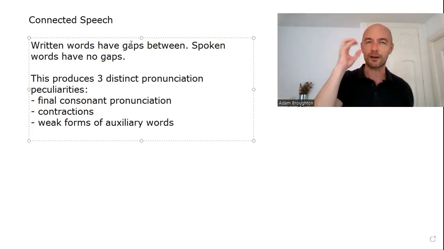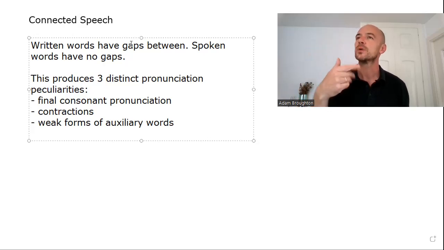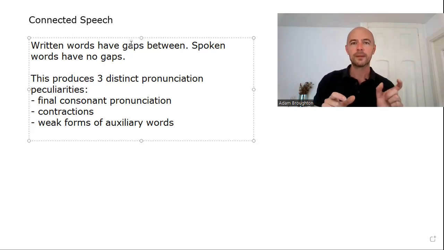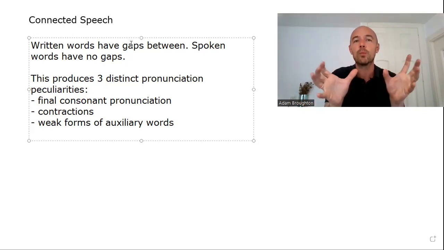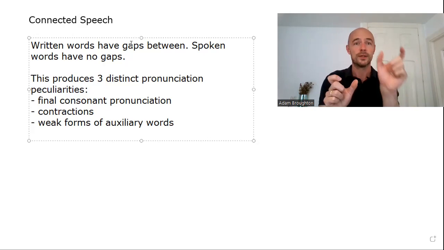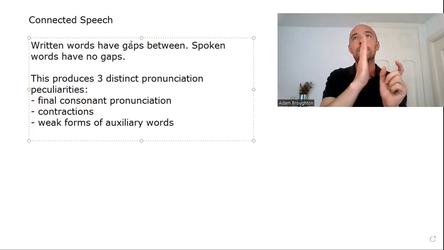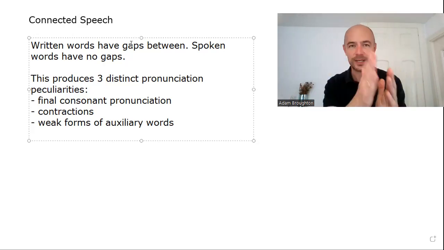I remember this perfectly, and I remember the visual image that I have in my head, which was as I heard a repeated sound, my brain was able to take that sound out of this long string of sounds and separate it. And what my brain did slowly was separate the words, and yes, separate the words in my head and, let's say, put gaps where there were no gaps in the sound.